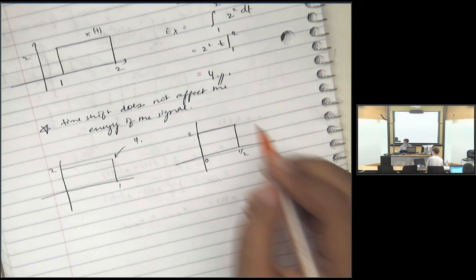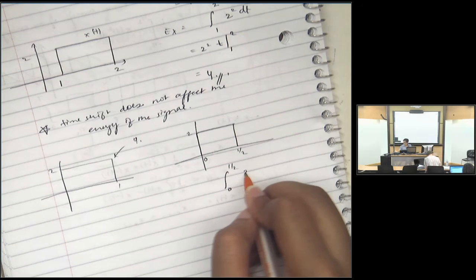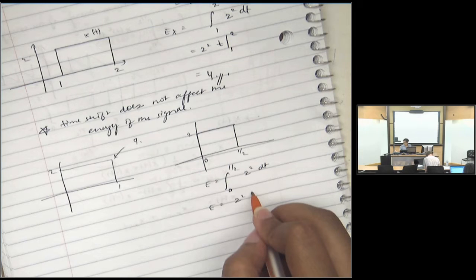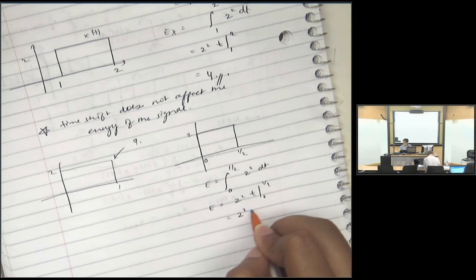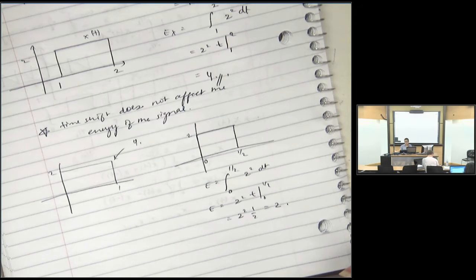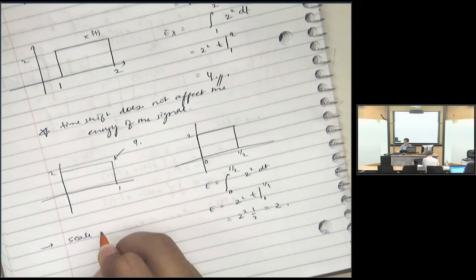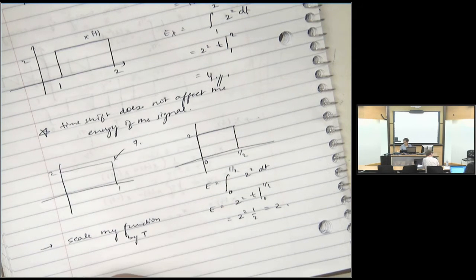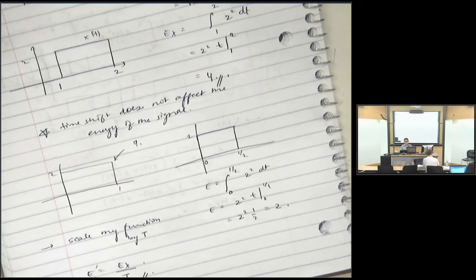So the integral is now 0 to half, 2 squared dt, and my energy is now 2. So whenever I scale my function by t, my energy is scaled, so Ex dash, you can say, is Ex over t, scaled by a factor of t.